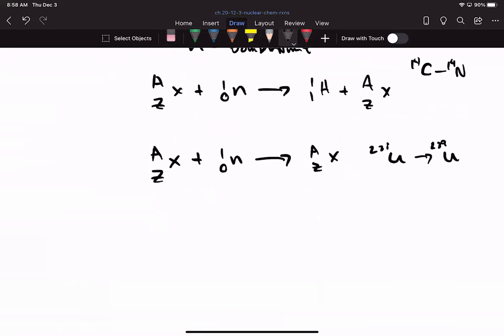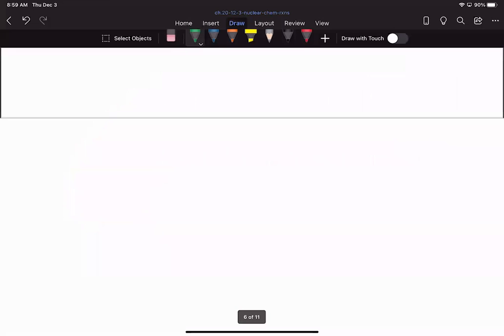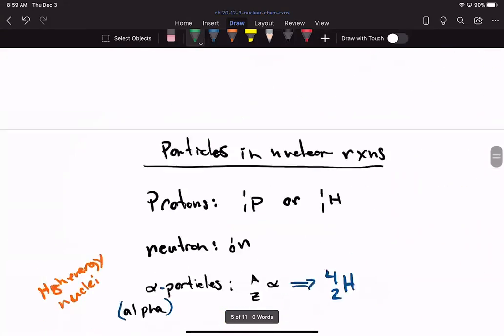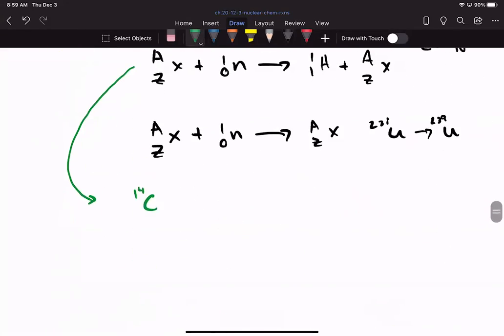So let's use both of these examples that I've just given you. For the first one, we'll say carbon 14, and I'm going to draw it in a different color so it's easier to follow. Carbon 14 has 6 protons.